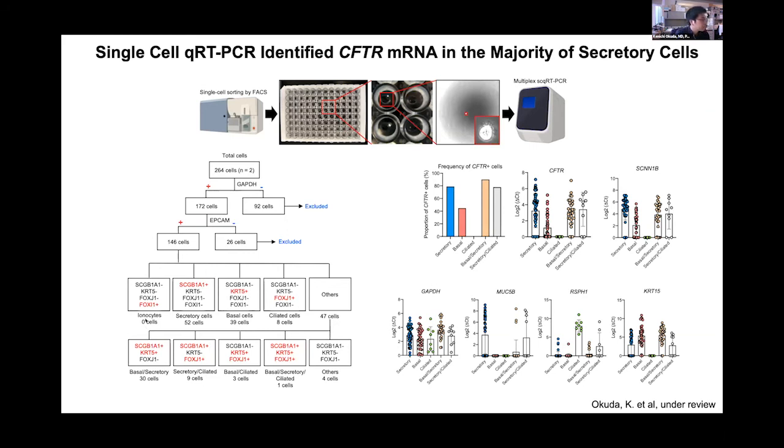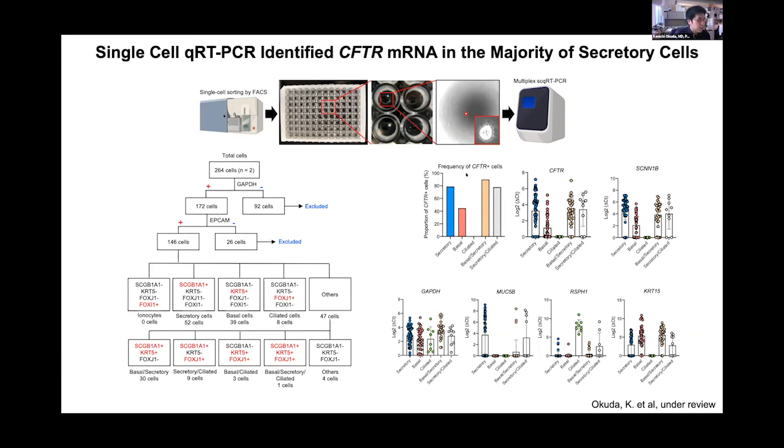We did not have any ionocytes, which reflects the rarity of ionocytes, but we have 52 exclusive secretory cells and 39 exclusive basal cells, and a small number, 8 exclusive FOXJ1 positive cells. And the others contain cells which express at least 2 cell type marker genes.